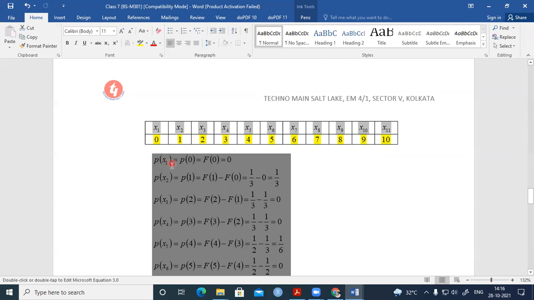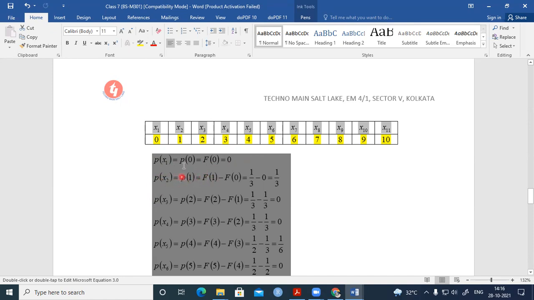So p of x1 equal to 0, that means we are putting x1 equal to 0 here, and p0, the first value of the probability, is the same as the first value of the distribution function at that point. So F of 0 is definitely 0, because it is directly seen from the distribution function.